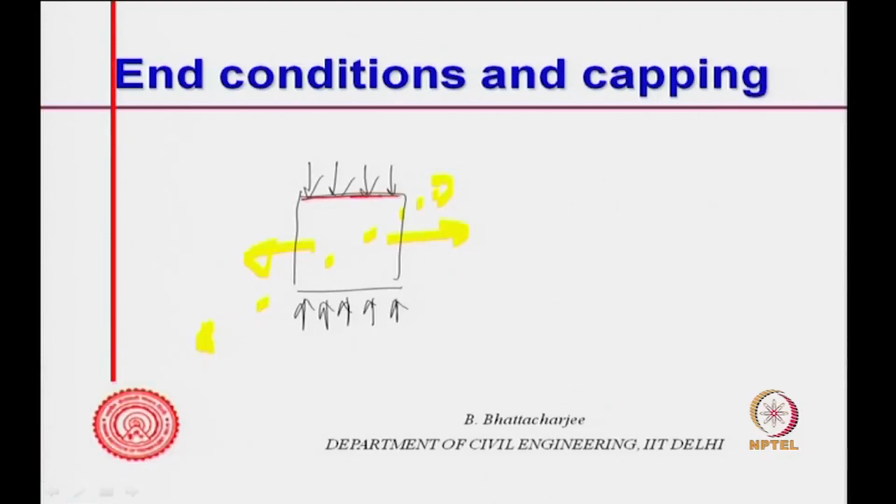Now, the movement of the material is restricted by the friction between the machine plate and the specimen. So, there is a kind of force acting like this, frictional force, which will not allow this movement.